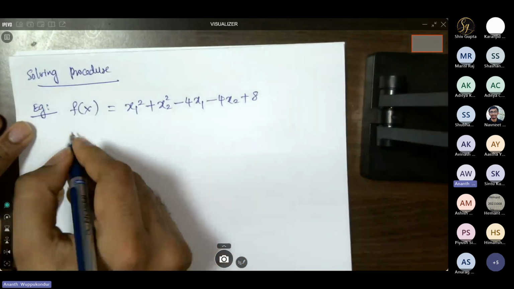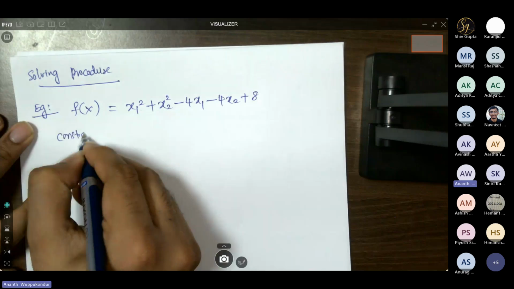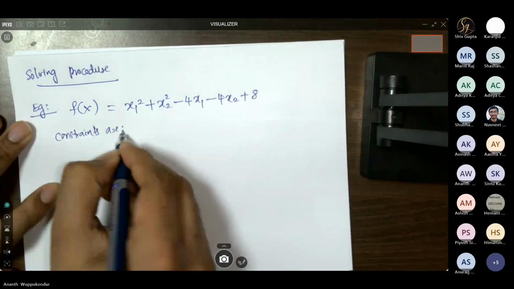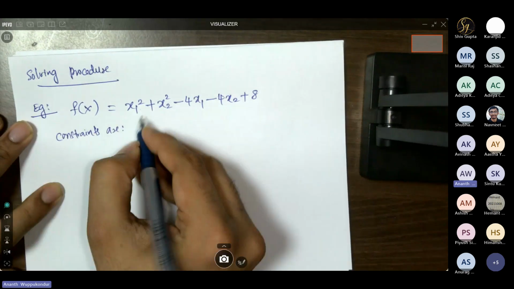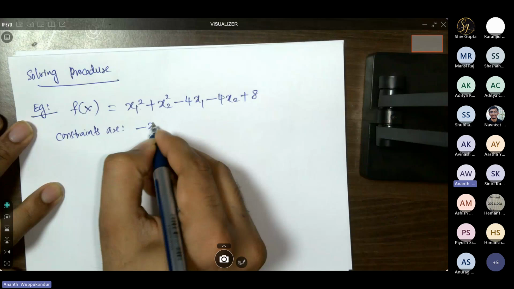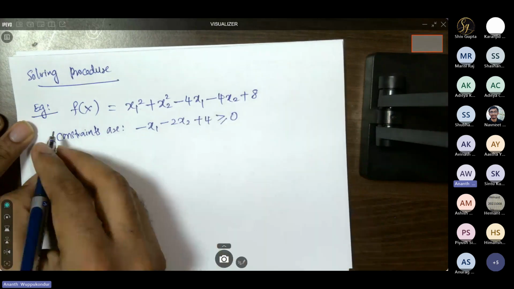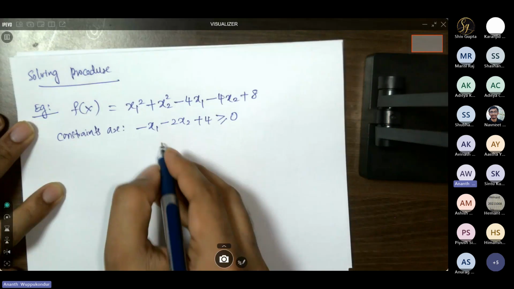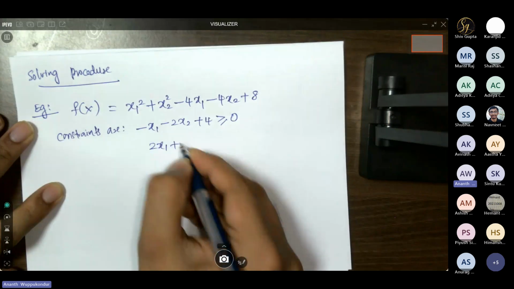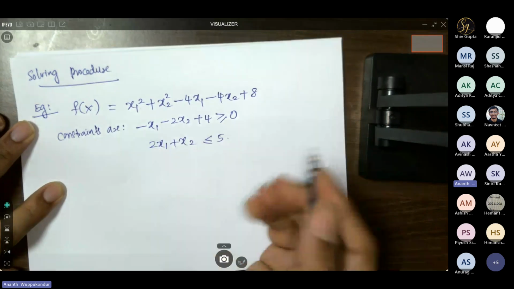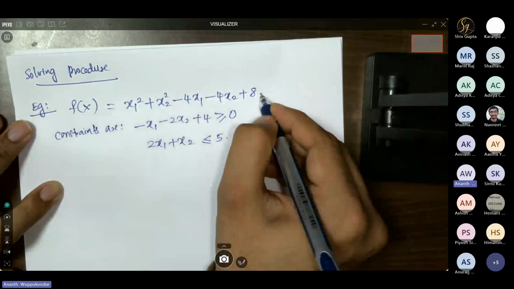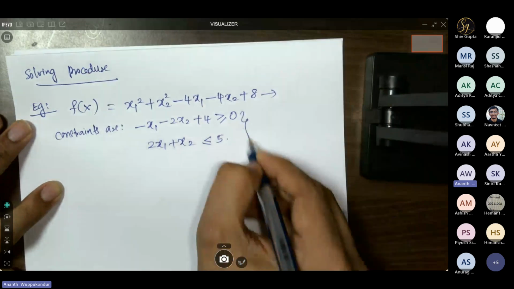And the constraints are minus x1 minus 2x2 plus 4 greater than or equal to 0, and the other constraint is 2x1 plus x2 less than or equal to 5. So we have a function that we need to optimize subject to two constraints.